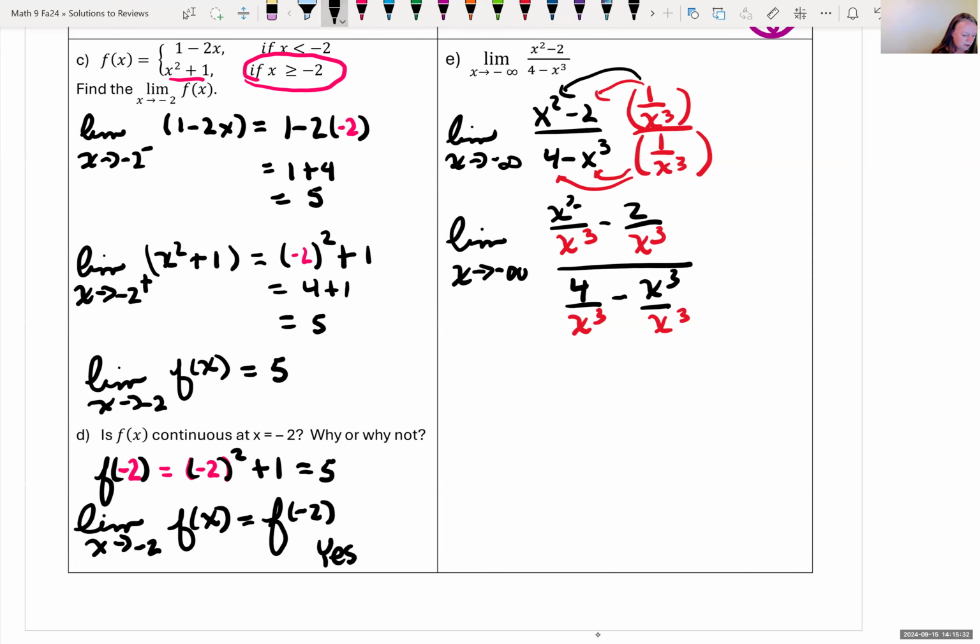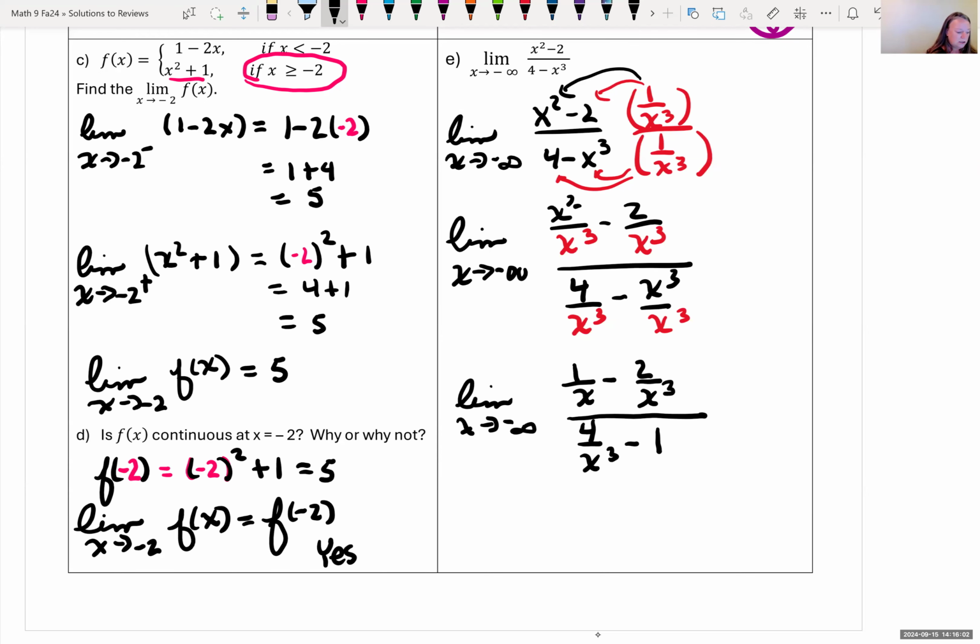So using my rules of exponents, when dividing, I have the same variable. I can simplify x squared over x cubed as 1 over x. Nothing simplifies for the second fraction in that numerator, so minus 2 over x cubed, all over 4 over x cubed, minus x cubed divided by x cubed is 1.